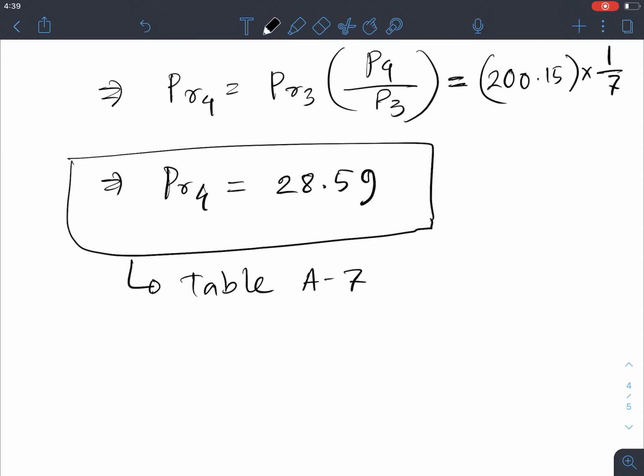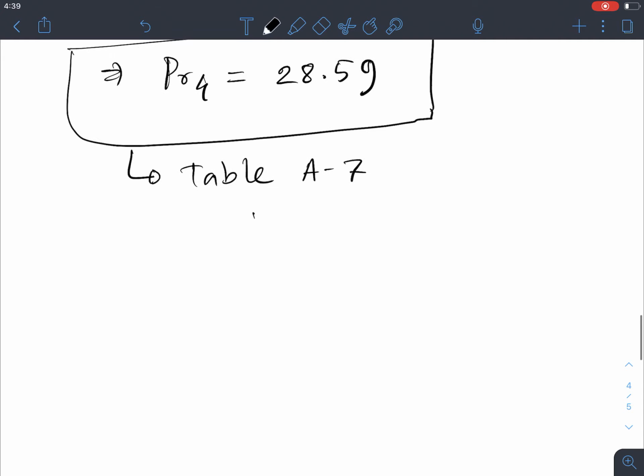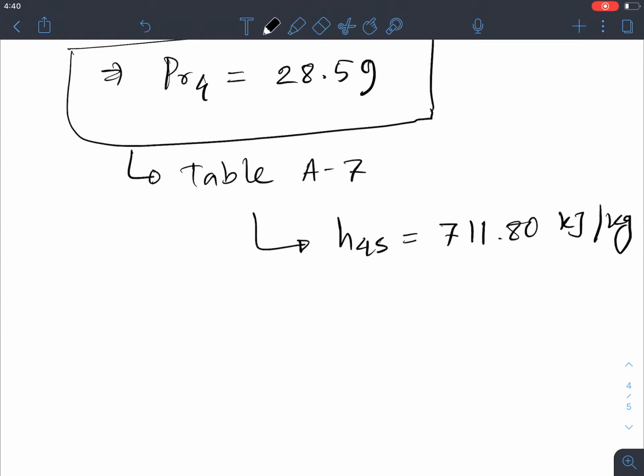Based on this PR4, let's go back to table A17 again, and from that table we have this information, right? Based on this pressure ratio, H4S, if we do the interpolation, will be 700.